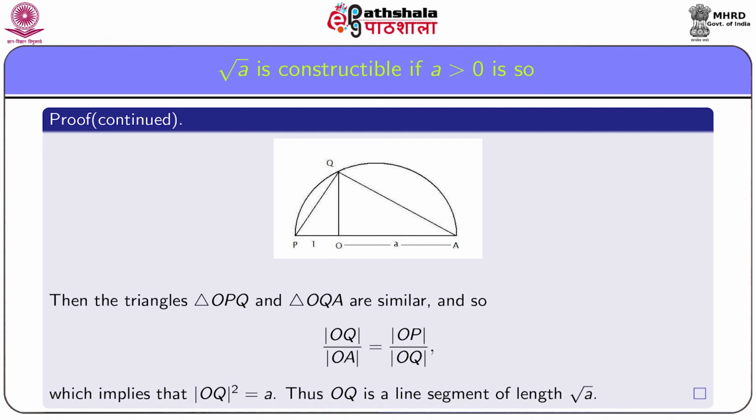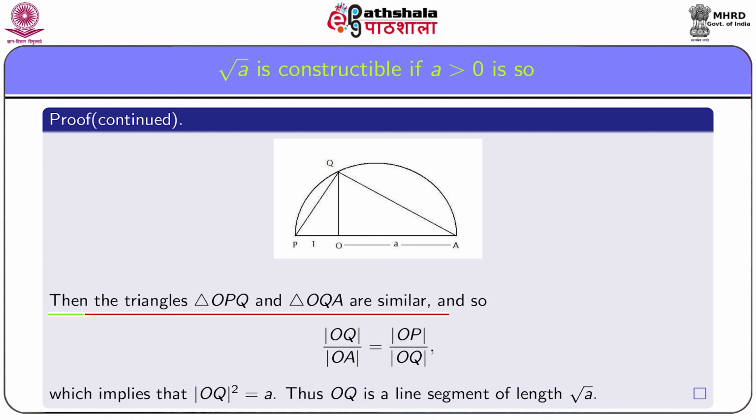From the fact that the semicircular angle PQA is a right angle, it can be proved that the angle PQO is equal to angle QAO, and angle QPO is equal to angle AQO.